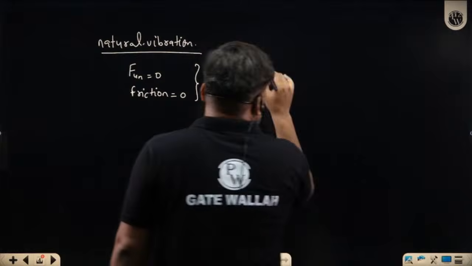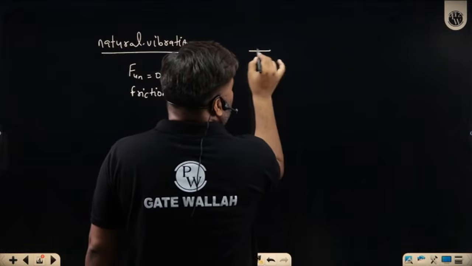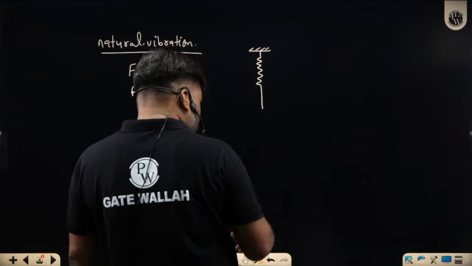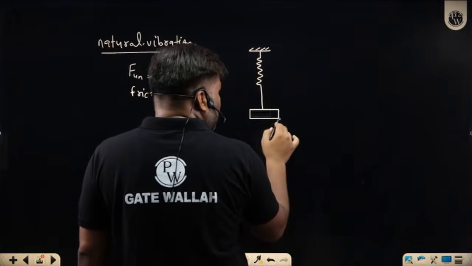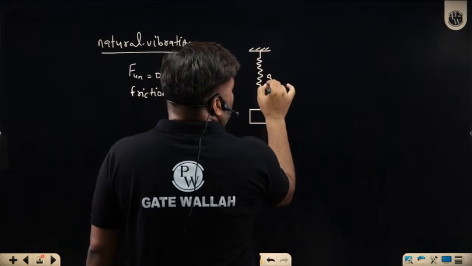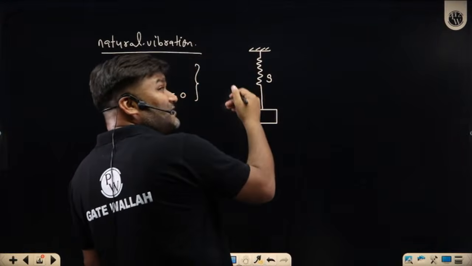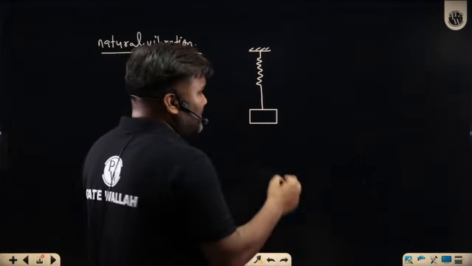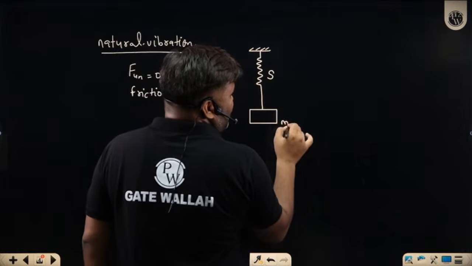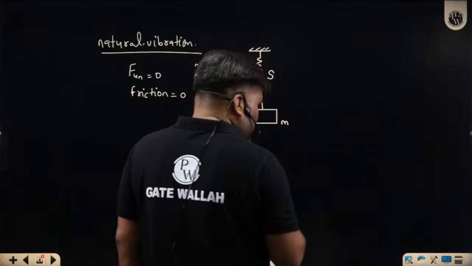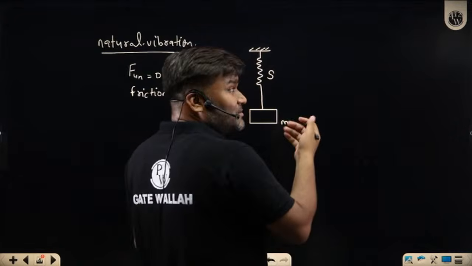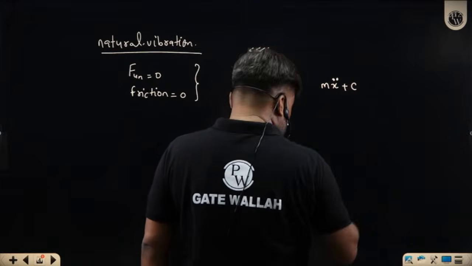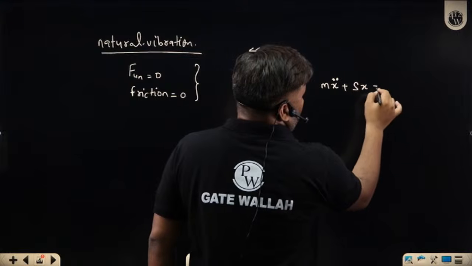How does the equivalent diagram of this system look? We are having the system's stiffness and the system's mass. Spring is not actually there, we are representing stiffness by a symbolic spring. So it was stiffness S, this was mass M, and the equation of motion upon disturbing, somebody needs to disturb this, looks like m x double dot plus s x is equal to 0.